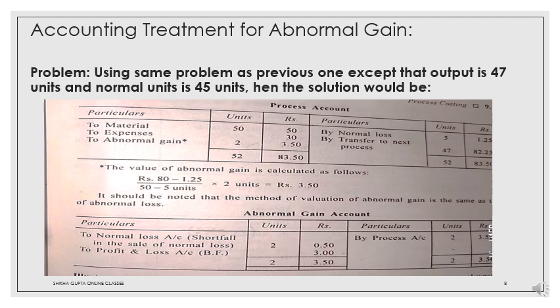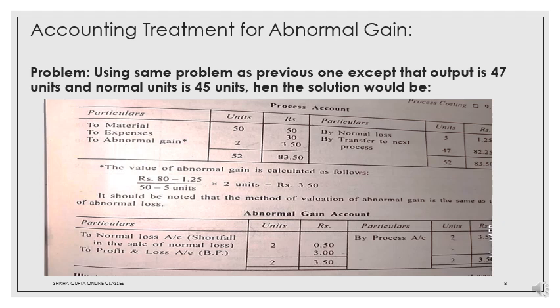You can see here. Now we'll use the same formula. Total cost is 80. 50 rupees incurred earlier, then 30 rupees on expenses, minus the cost recovered, that is 1.25, divided by 50 units, which is the total of the debit side, minus 5 units of normal loss.